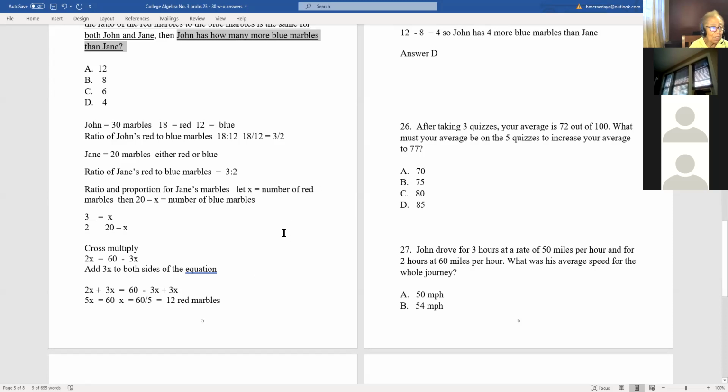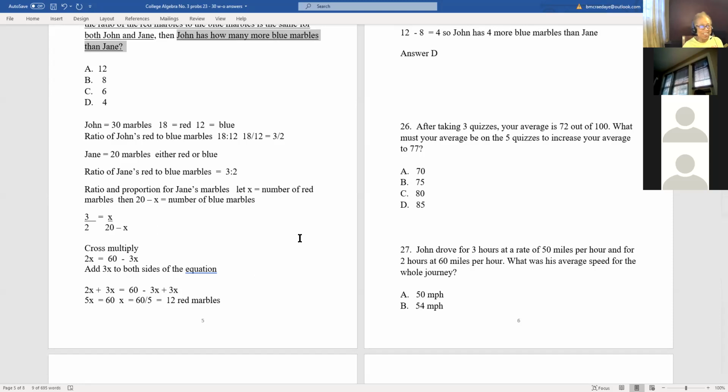Then we could say the difference between that unknown variable that we call X and 20 would be the number of blue marbles. So in your ratio proportion, you had to put that 20 minus X. It's like an algebra problem because you have to find the unknown.